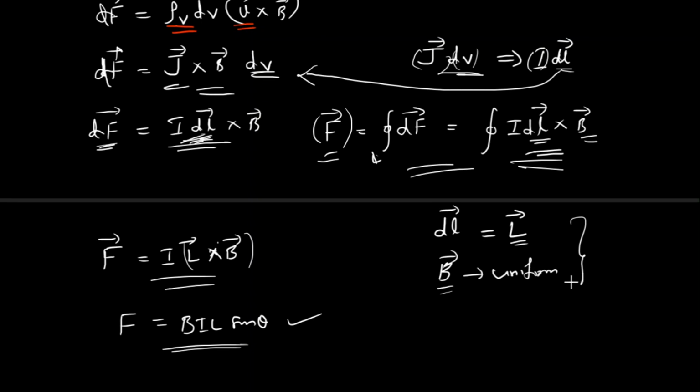If these two conditions are true, then the magnetic force on a differential element in a magnetic field is B I L sin theta, where theta is the angle between the vectors representing the direction of current flow and the direction of the magnetic flux density. So I hope you understood the expression for force on a differential current element. Thank you.